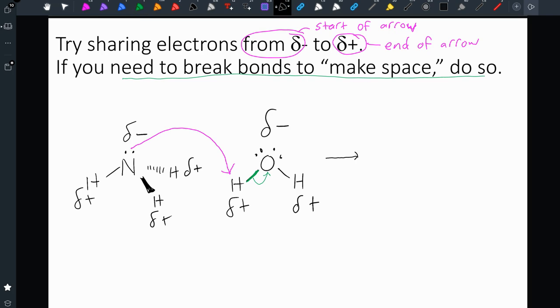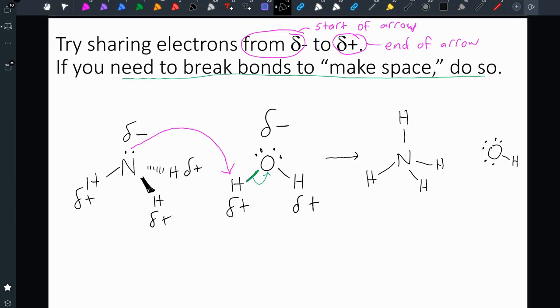So what will that give me? Now my nitrogen would be bonded to 4 hydrogen atoms. My oxygen is only bonded to 1 hydrogen atom, and it now has 3 lone pairs.